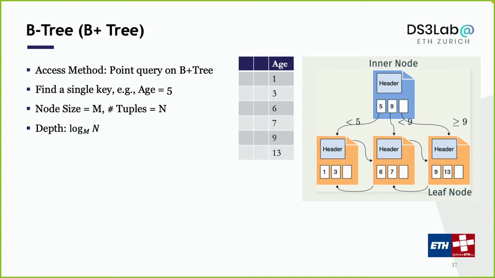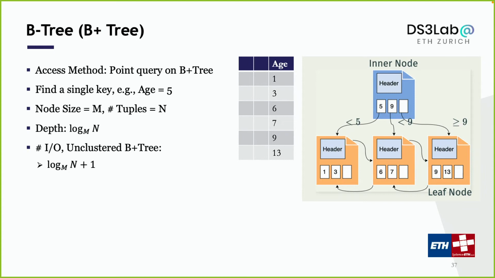Whenever you have this point query, you start from the root page, find the right child, and continue down. The number of I/Os for an unclustered B plus tree is the following: you try to find the right leaf node, which in the worst case, if the buffer is cold and empty in the beginning, takes log_m n I/Os.